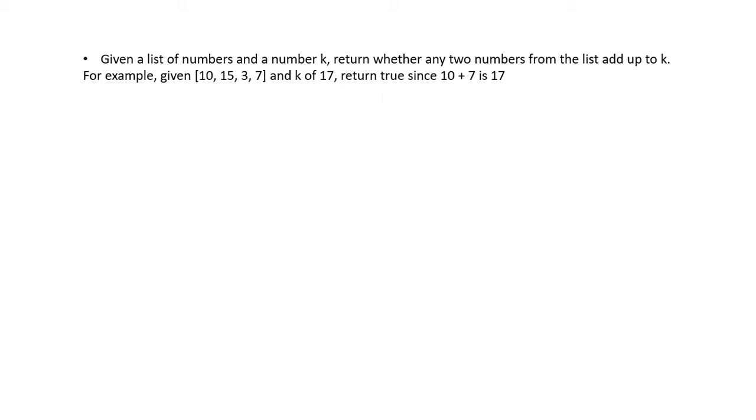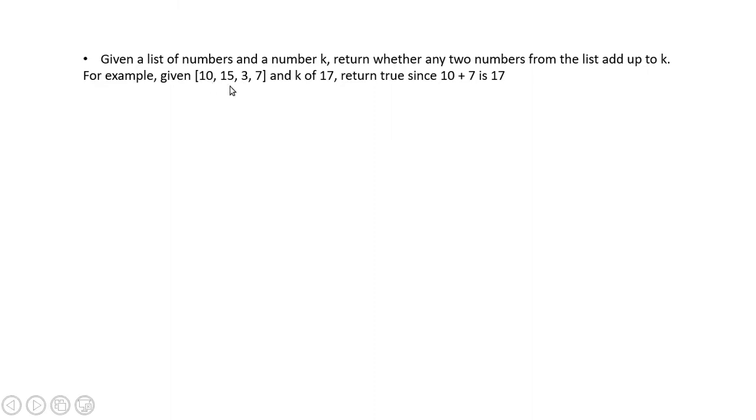There can be multiple ways by which this coding problem can be solved. One way is to traverse the array from the start and keep adding the numbers as we encounter the next items. Suppose I start from 10 and add 10 and 15. Since the sum is not equal to 17, I will go to the next number, that is 3.